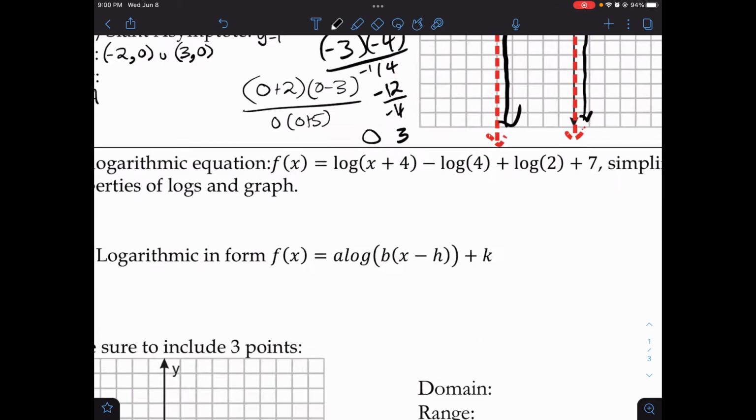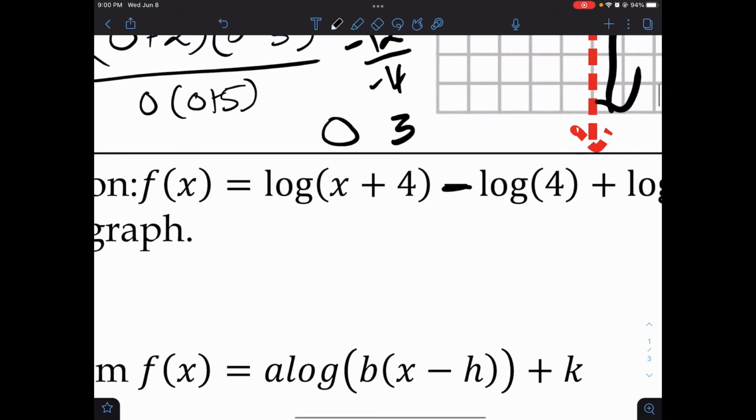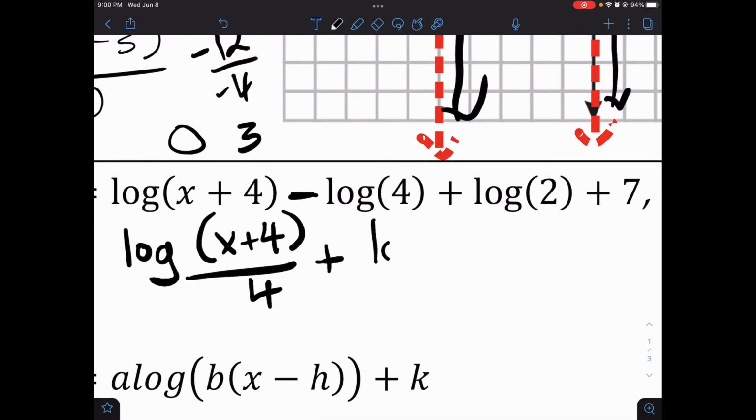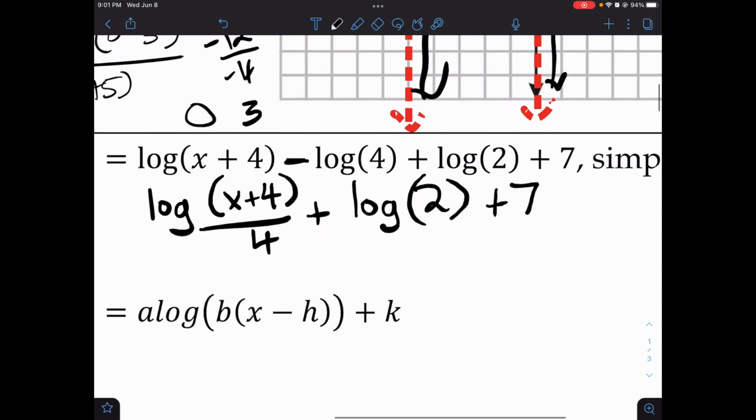Okay, now when there's subtraction here, we're going to use the quotient rule, which says that you can divide the arguments. So you divide the arguments plus log of 2 plus 7. Now we can use the product rule, which says that you can multiply the arguments if the logs have the same base.